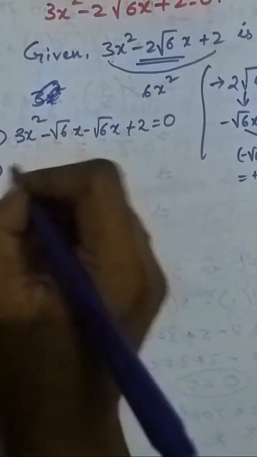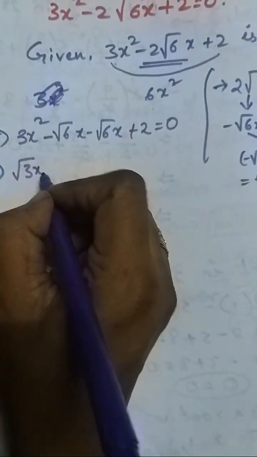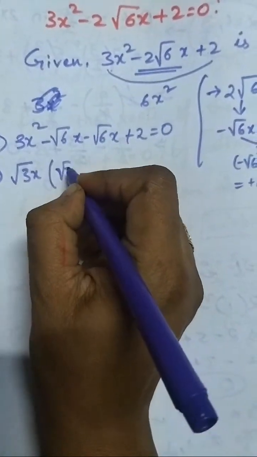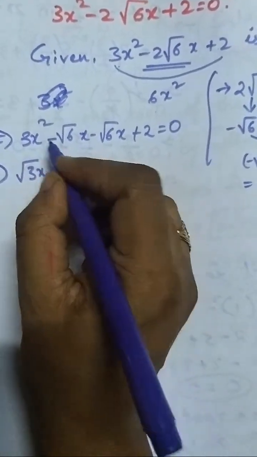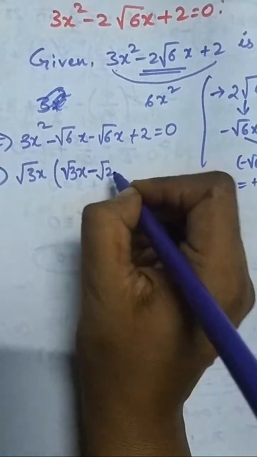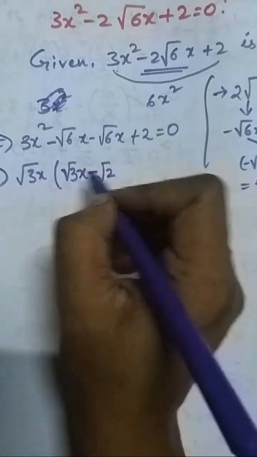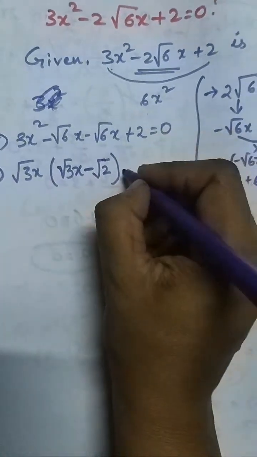So take common in this. I am taking root 3x common here. Root 3x into root 3x gives 3x square, minus root 2. I am writing here, multiply this root 3 into root 2 is root 6, and x is x.